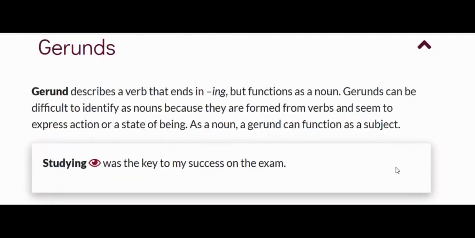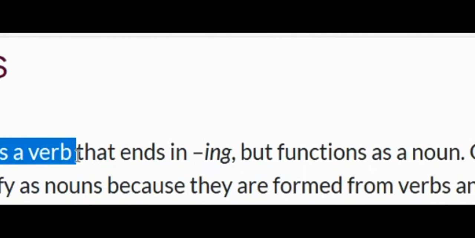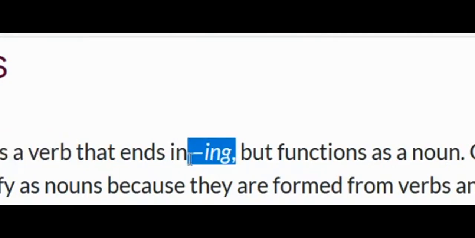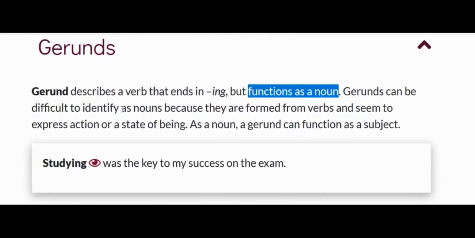Moving on, we need to discuss gerunds. Gerund is a term for a verb that ends in "ing," but acts in the sentence like a noun. These can be difficult to identify as nouns because they do still seem like verbs and seem to express an action.